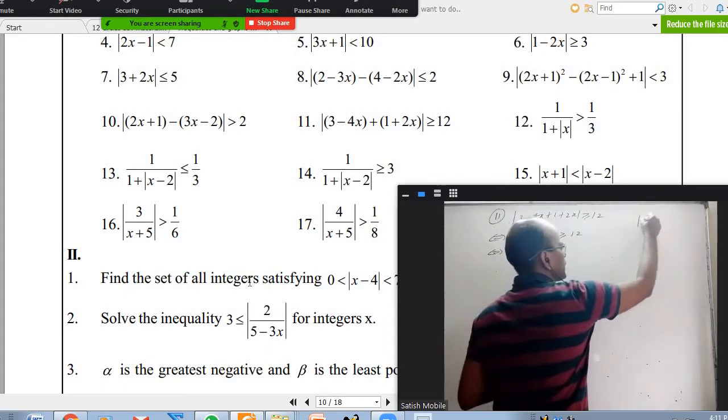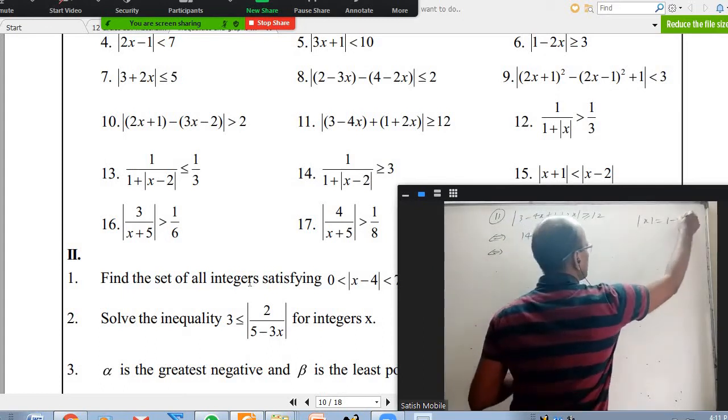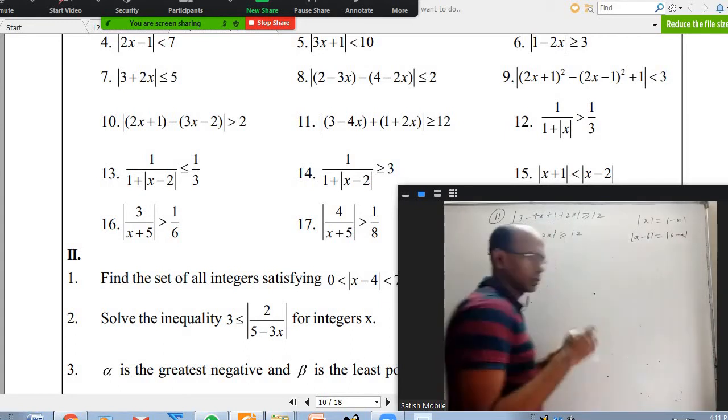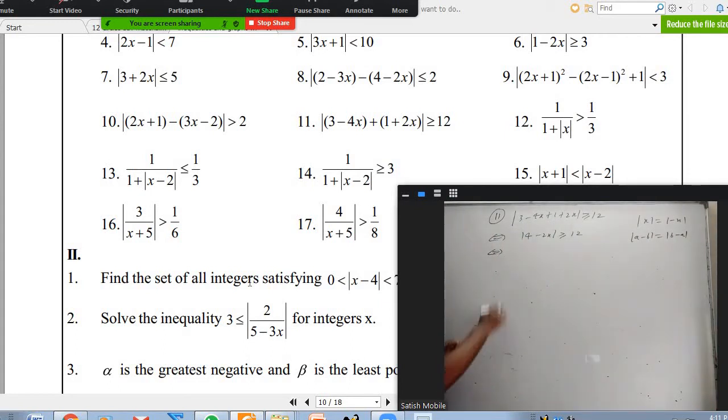Actually I can always write mod x is same as mod minus x. In the same way I can write mod a minus b as mod b minus a. As long as mod is there, a minus b is same. If I want, I can reverse it. I don't need to reverse it, but I can write 2x minus 4.